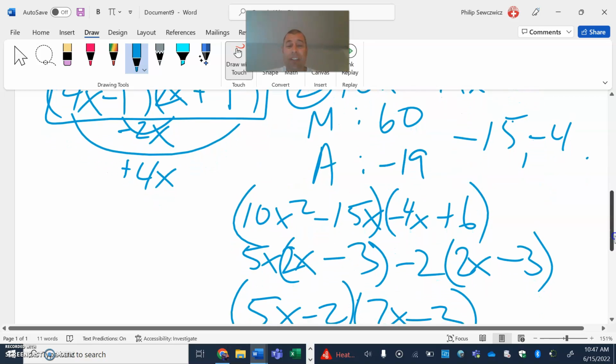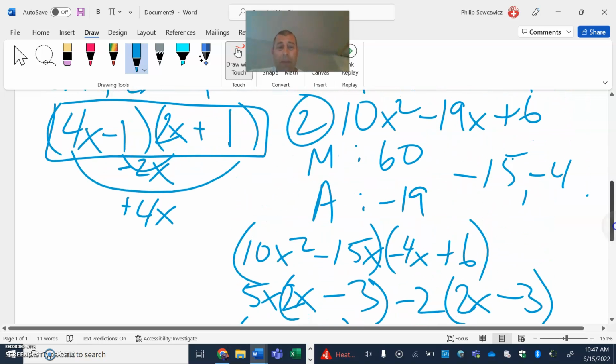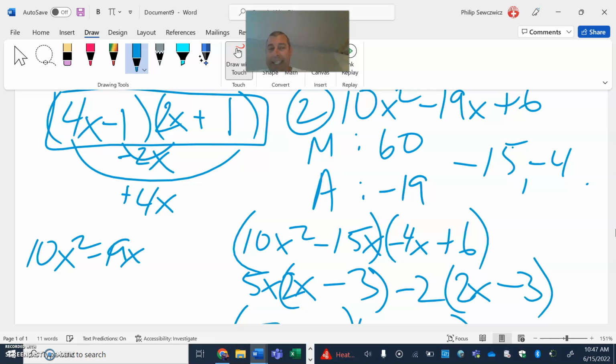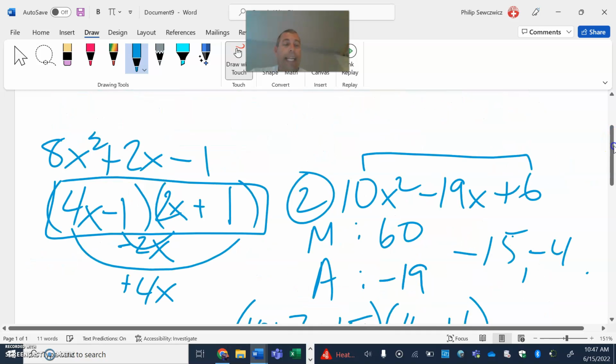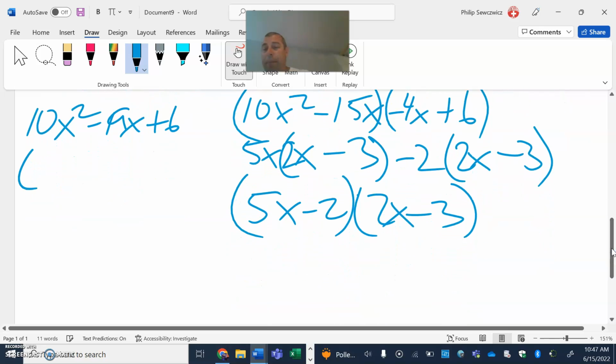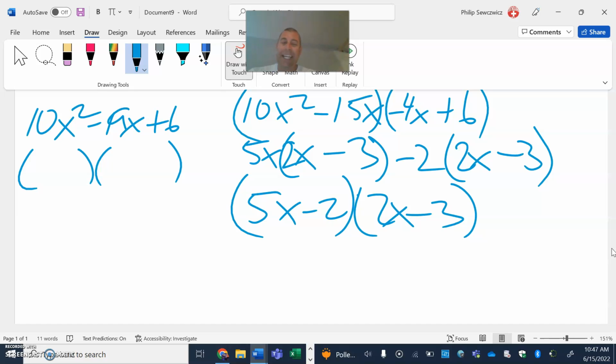If we were going to do some guess and check here, we go back to the original problem, the 10x squared minus 19x plus 6. Again, it's guessing and checking, so you're dropping your parentheses down. Again, I can see the answer. 5 and 2 is a likely suspect, so it's the 5x and the 2x, and then the 6.